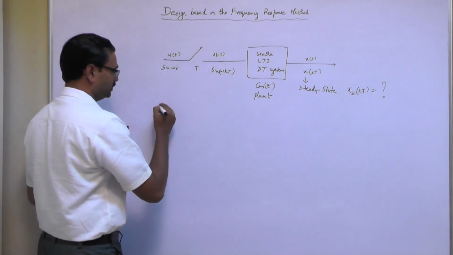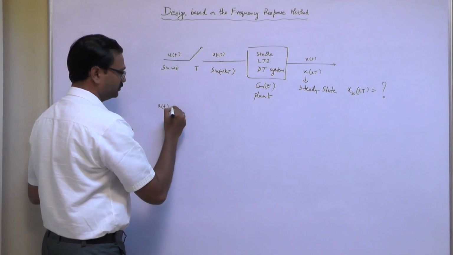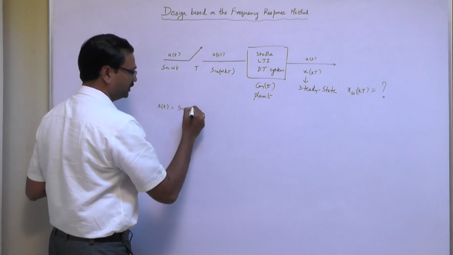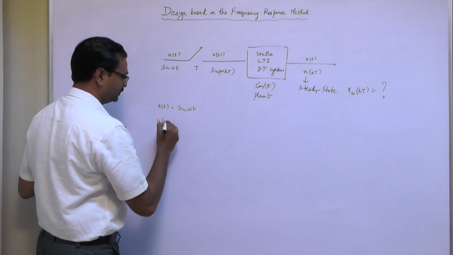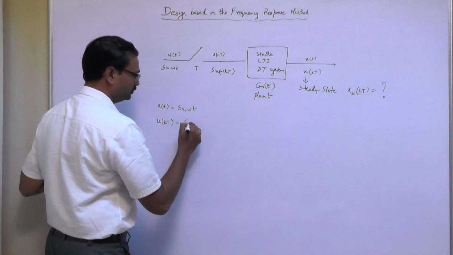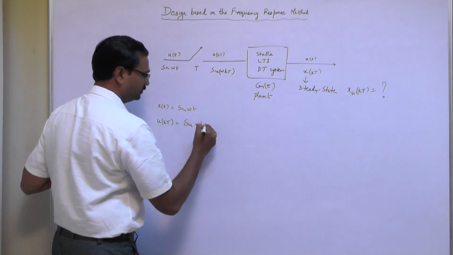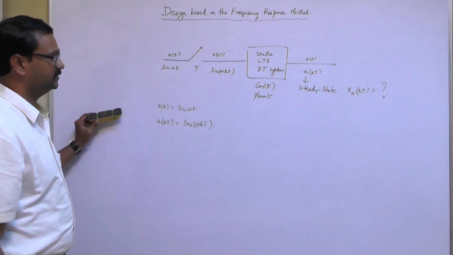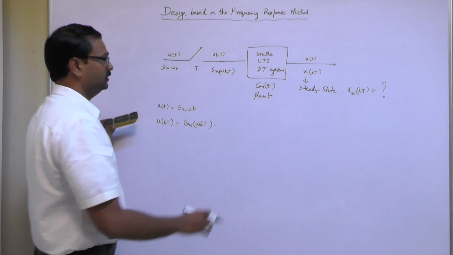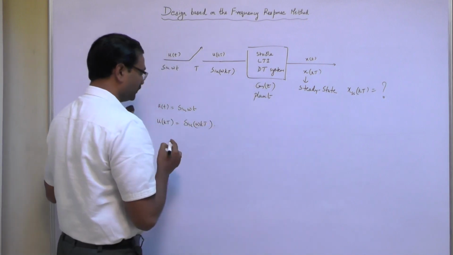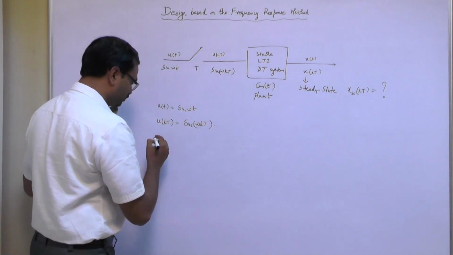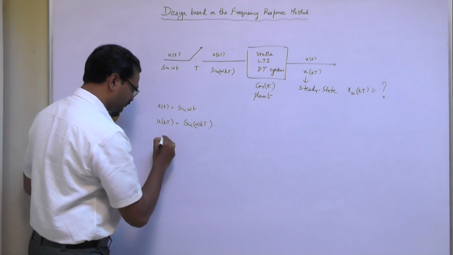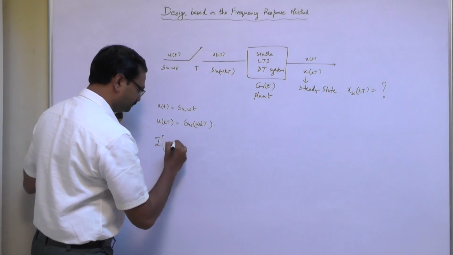Now based on this, if u of t is equal to sine omega t, u of kT is equal to sine omega kT. And this is G of z. Now when you apply z transform to this, what is the z transform of u of kT?